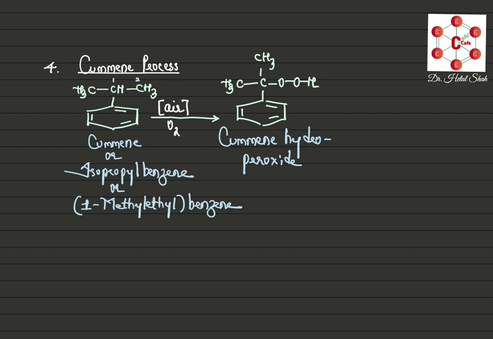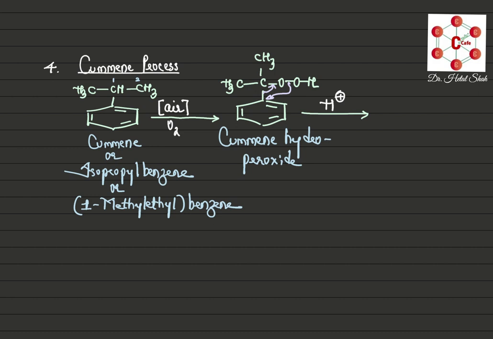And this may undergo rearrangement when you add a little bit of acid into it. So with a little bit of dilute acid added, there is some rearrangement taking place. So what happens in the rearrangement? This bond shifts here and connects with this, and this bond shifts here.